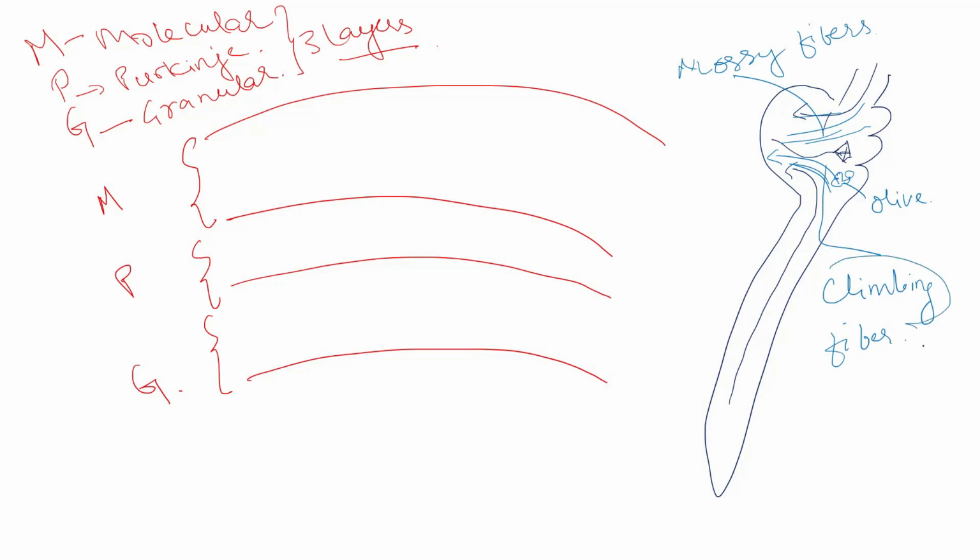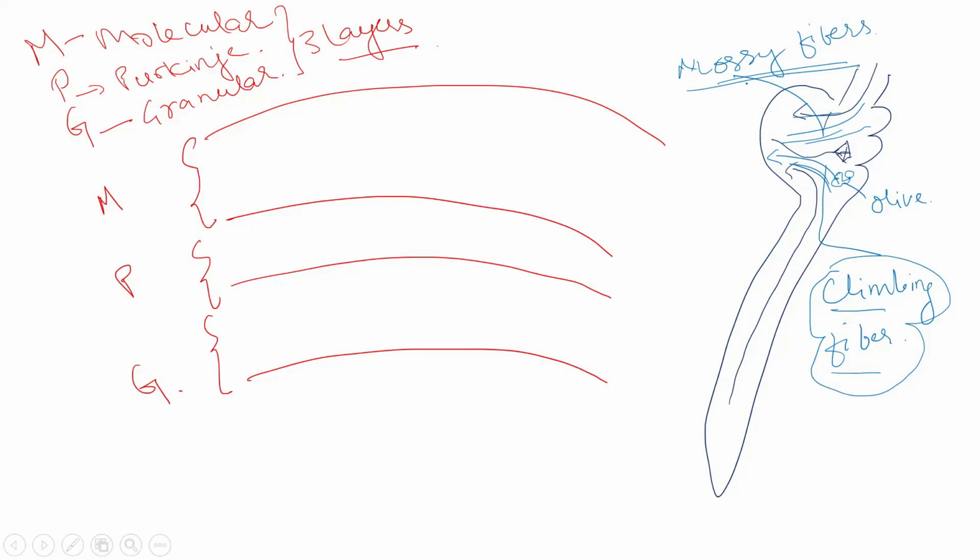Climbing fiber denotes the connection between the olive and the cerebellum. Except for these fibers, all the other fibers entering the cerebellum have a single name: the mossy fibers. They are classified as mossy fibers.